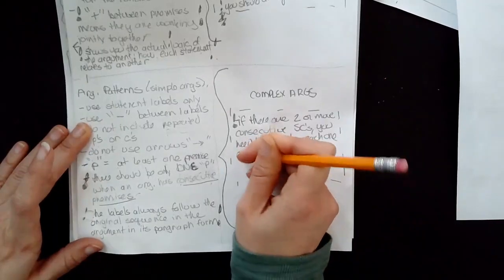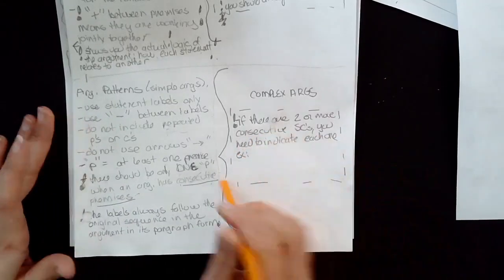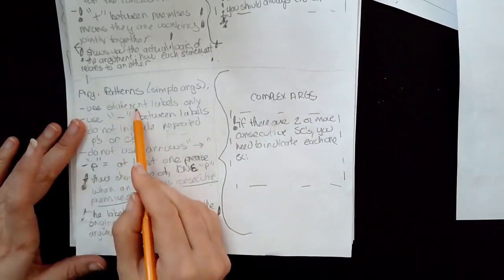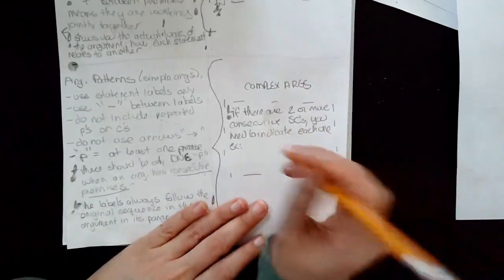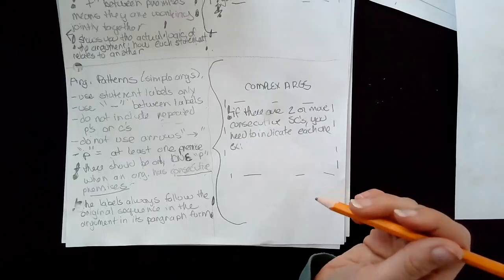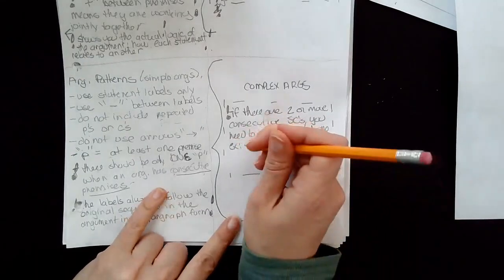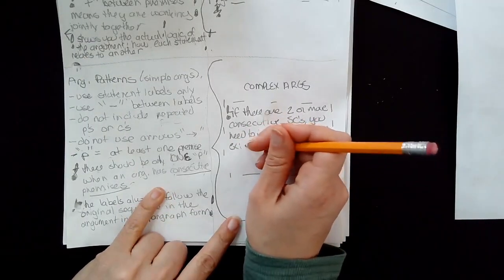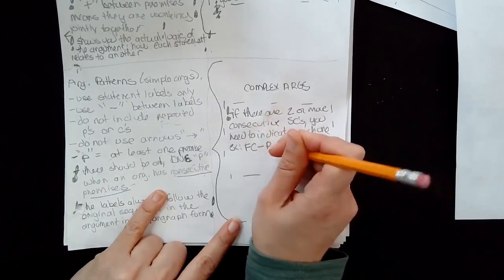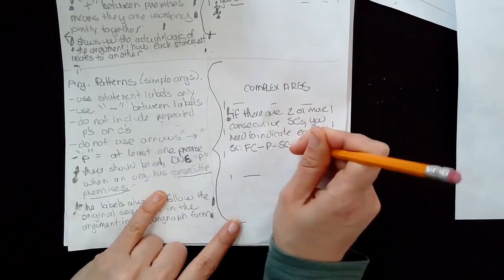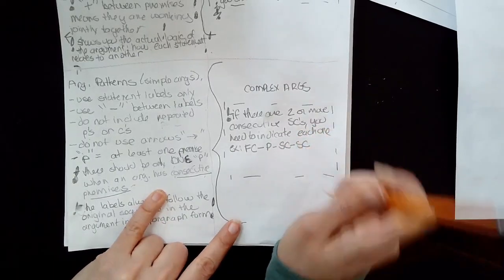Example, you might have an argument, and remember when we're talking about patterns, we're talking about the actual ordering, the original sequencing in a paragraph. So let's say, for example, you're working on your complex argument for item 1, your week 2 response. You're definitely going to have a conclusion first. Let's just say you happen to have a complex argument. You might have a final conclusion, a premise, and then you might have 2 subconclusions.